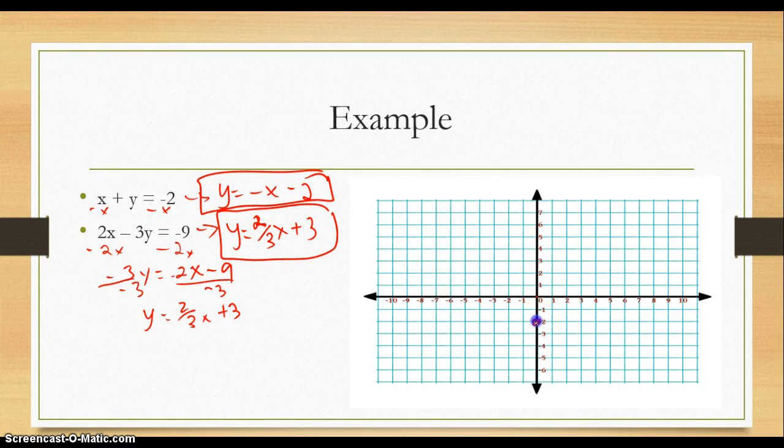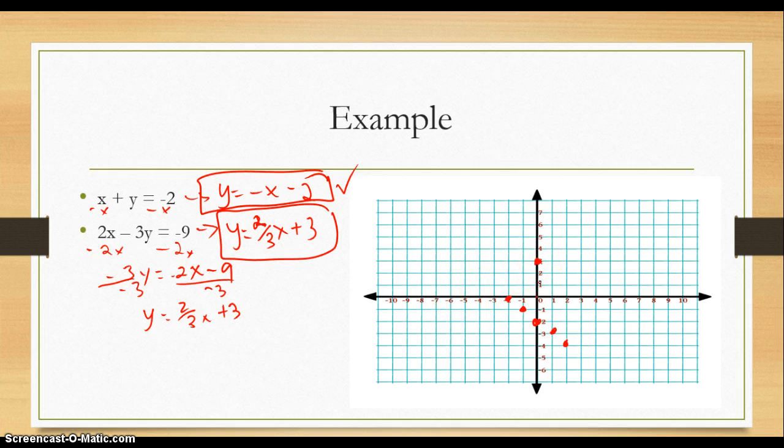So I go to negative 2 on my first one, so I'm graphing this one. So it's decreasing, up 1 over 1, down 1 over 1. Okay, so that's our first line. Our second line starts at 3 and goes up 2 over 3.